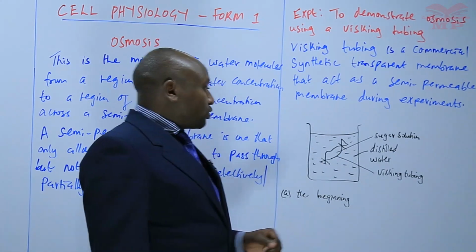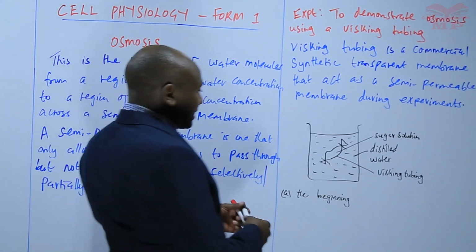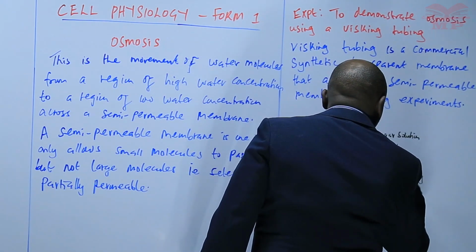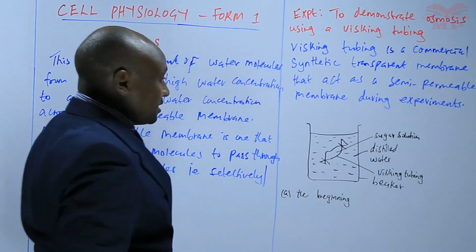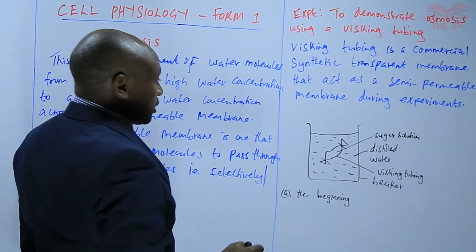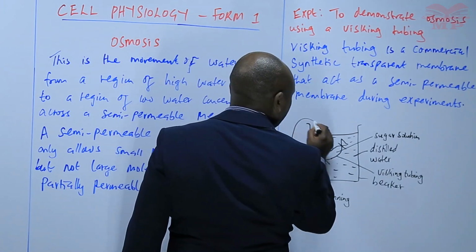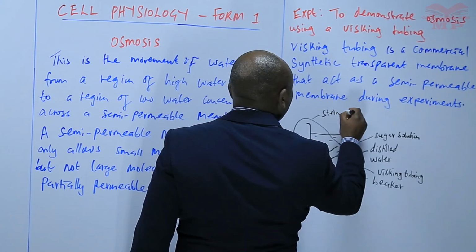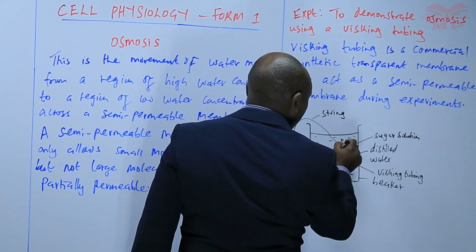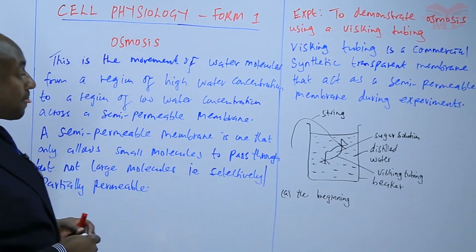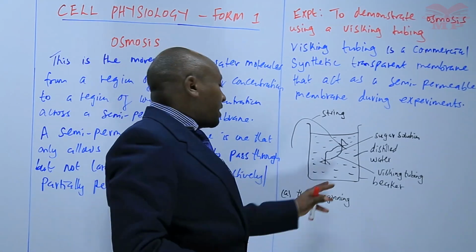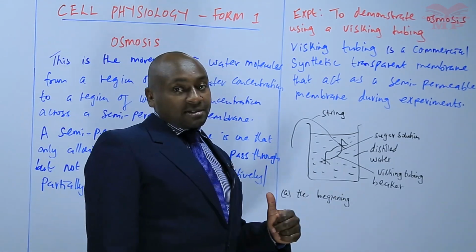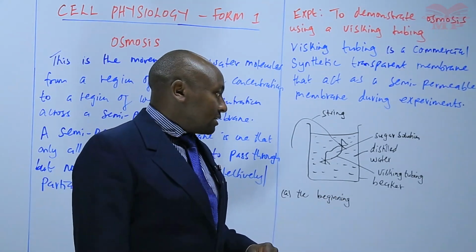Then we take that whisking tubing and immerse it into a beaker that contains distilled water. We can hang the whisking tubing inside the distilled water using a string, and then we leave the setup for about 30 minutes.